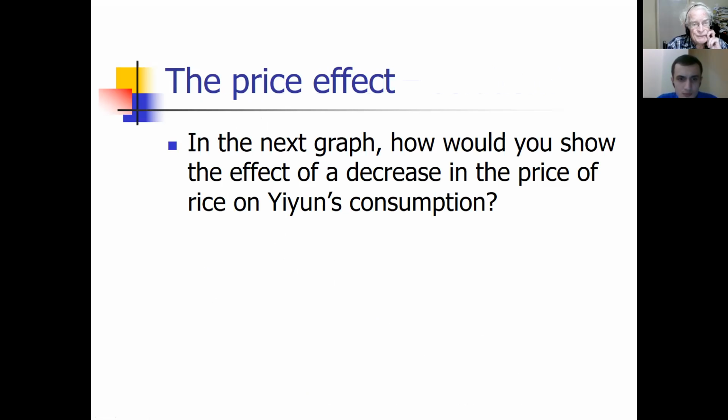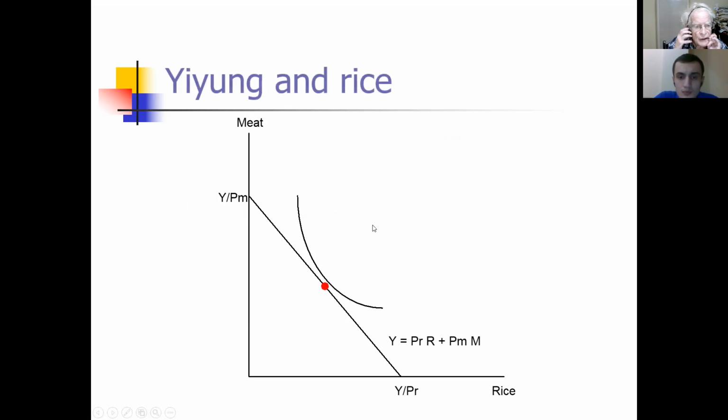And now we want to determine how a fall in the price of rice may affect her consumption. So what should we do in this graph? To show the decrease in the price of rice.